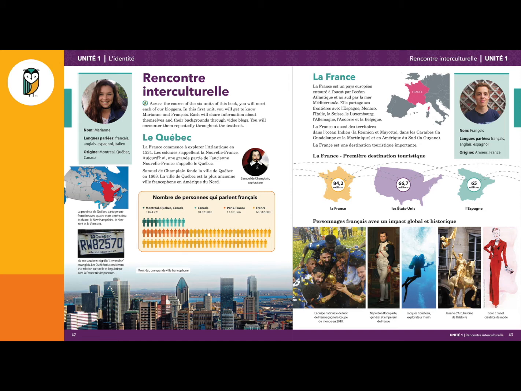Before starting this lesson, you may ask what they already know about these 2 regions. Learners can approach these 2 pages with a think, pair, share activity, leading to a discussion about Quebec and France. You, as the teacher, may also consider what students can learn simply by observing the images. What is similar and different between Quebec and France?